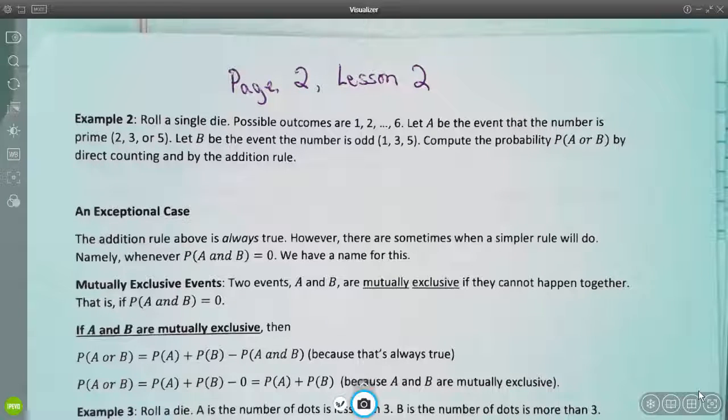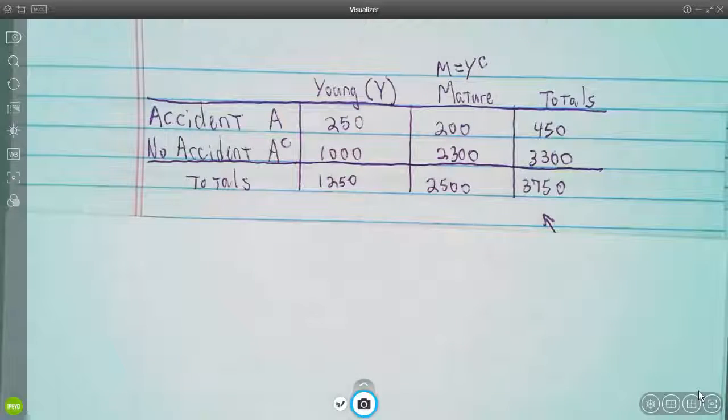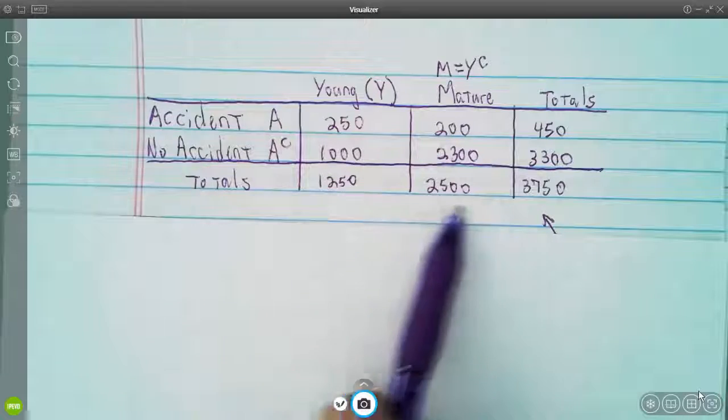We're now ready to move on to page 2, and before we do that, let's take a quick review of where we've been. On page 1, we were looking first at a contingency table of customers of an insurance company, and we computed a number of probabilities by looking at this table itself.